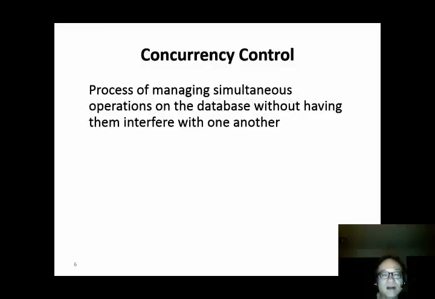Again, concurrency control is the technique that we use in a multi-user shared busy environment to manage transactions to avoid data integrity issues. We use concurrency control to ensure that users will not interfere with each other when they do their work.